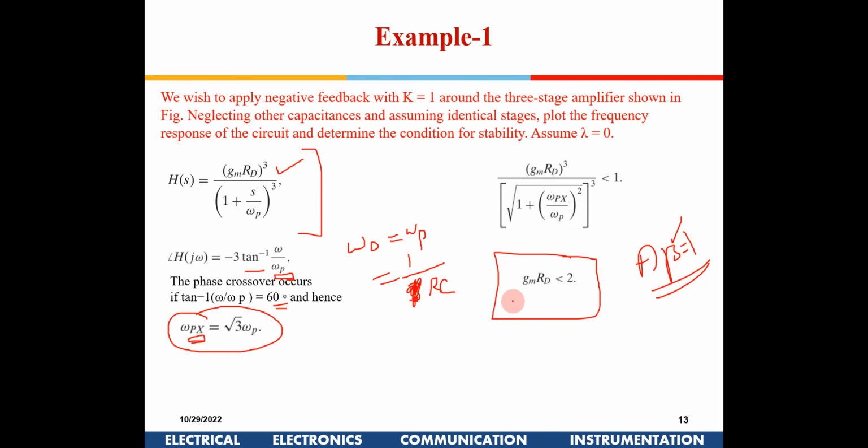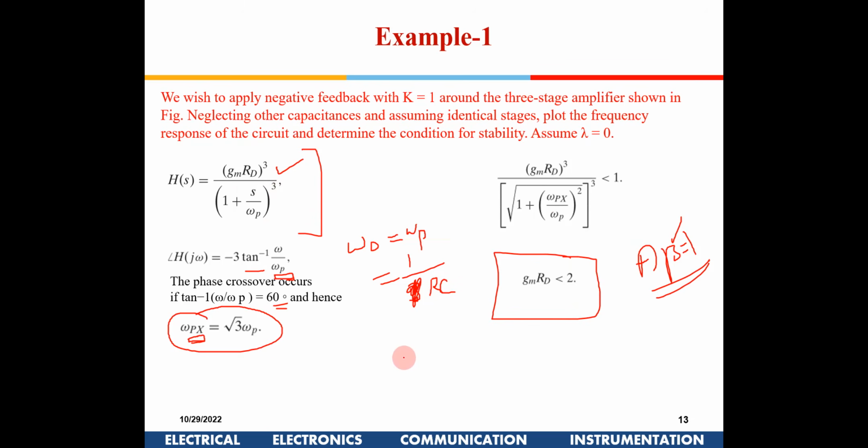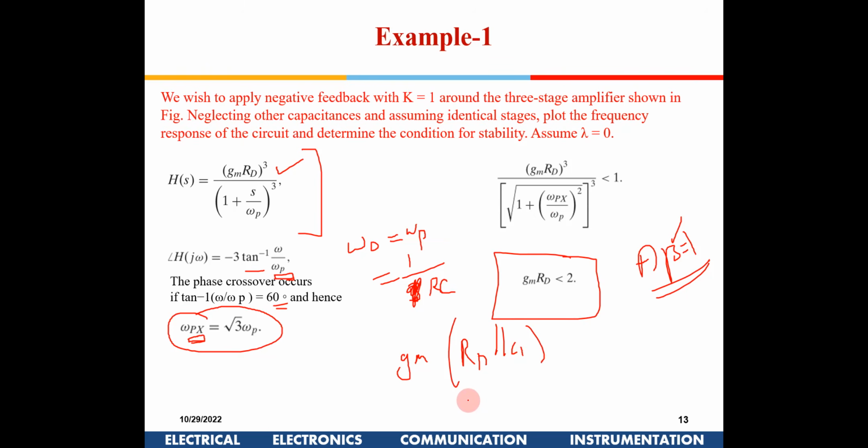Okay. So sir, for any circuit, how to write this gain equation that you have written for this circuit? This is like a normal GM into, right? What is the gain of this particular stage? It is equal to GM into RD parallel to C1, right?